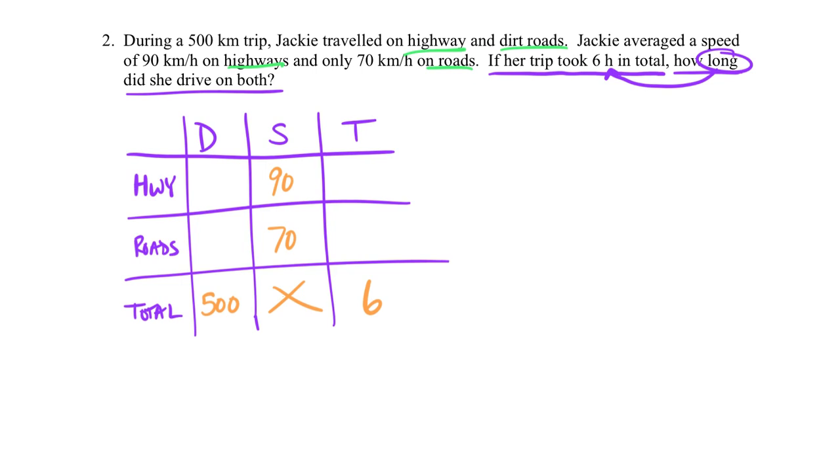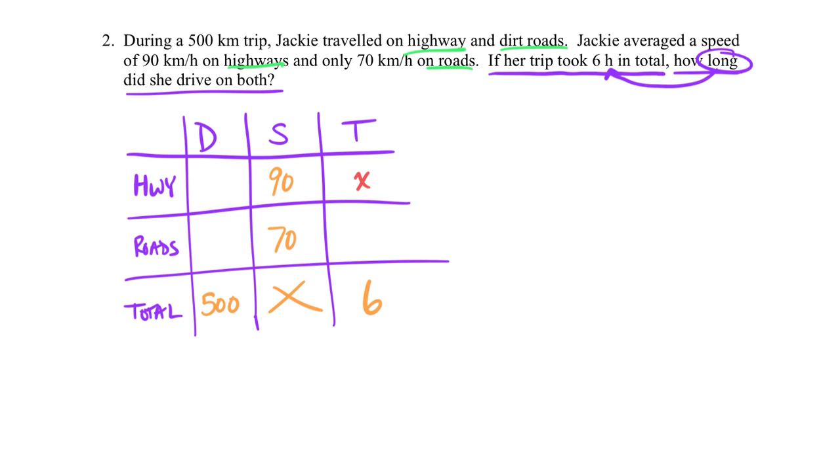Good. Okay, if we've got all that, then we interpreted the problem and we were able to plug some information into useful spots in this structure. Okay, the question asks us to find how long did she drive on both. That references time. So my suggestion to you would be, why don't we let time be our variable?